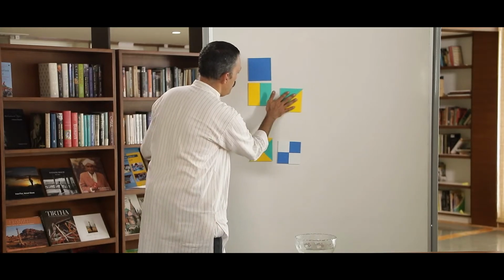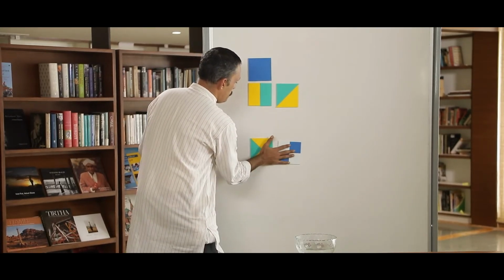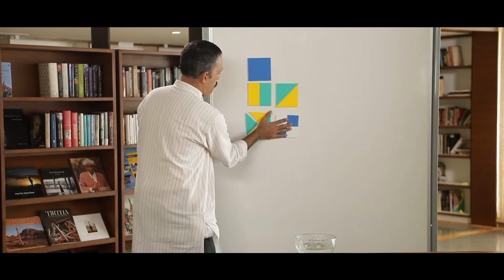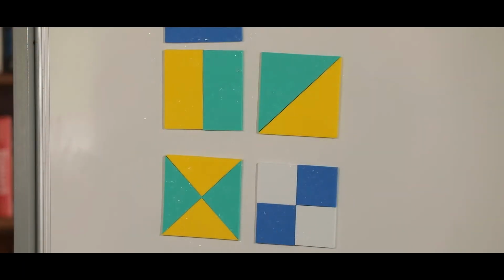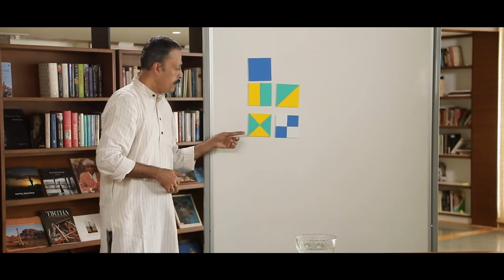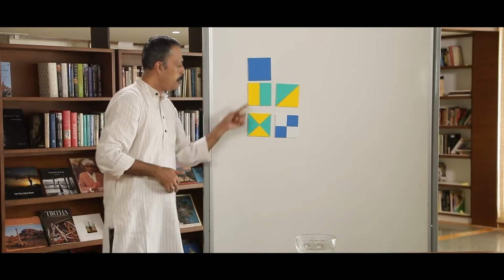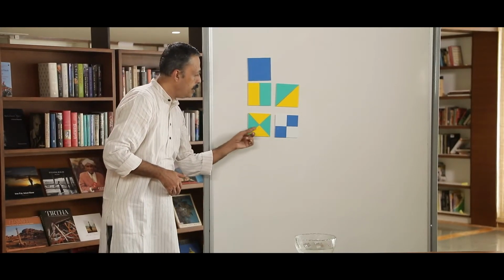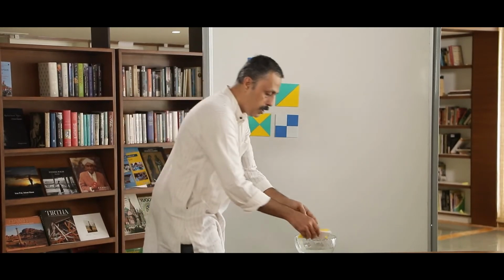I'll push it up here. Therefore, the same full object can be cut into four pieces in this way and that way. There is one more way.